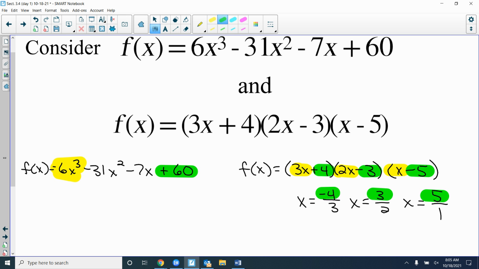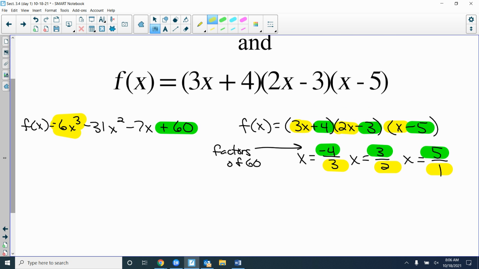So any number that goes there has to be a factor of 60 because these three have to multiply together to give me 60. Those -4, -3 right there are factors of 60. Well, what are the bottom numbers going to be? They've got to be factors of 6.